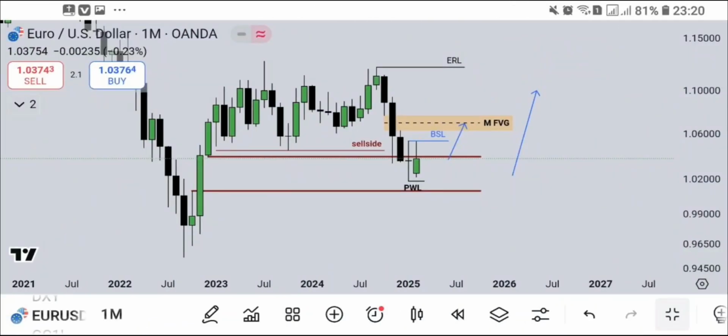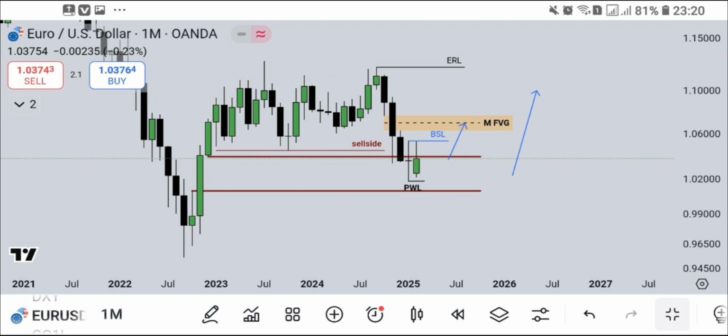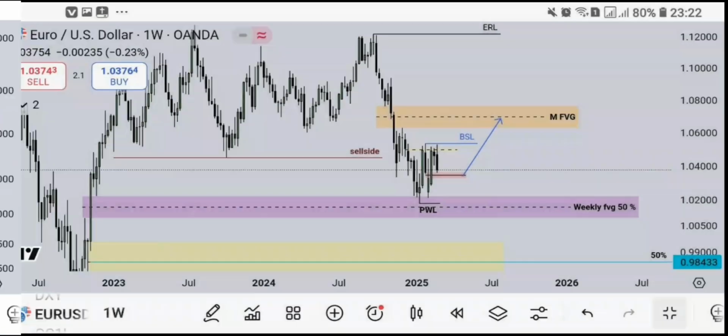And I show you this was the monthly time frame, and these two arrows were indicating the directions, and this smaller one was showing my first anticipated direction, and this long one, or the big one, was showing the overall target, right?